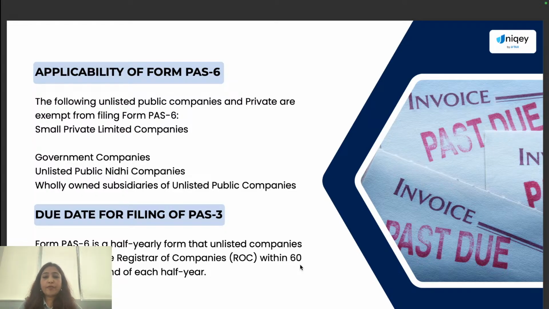Due date of filing of PAS-6: it is a half-yearly form that must be filed with the ROC within a period of 60 days from the end of each half year.